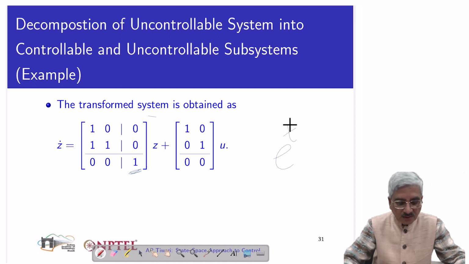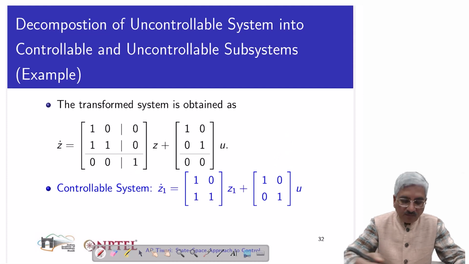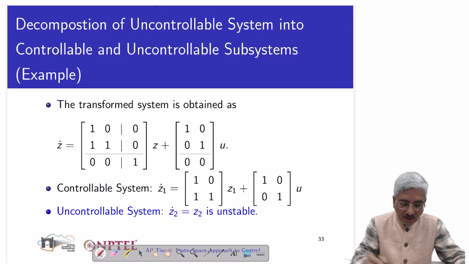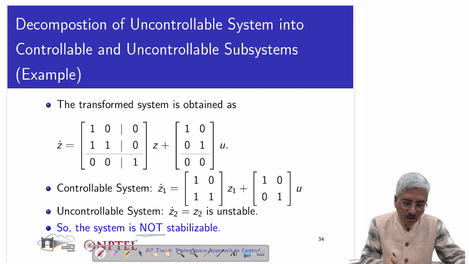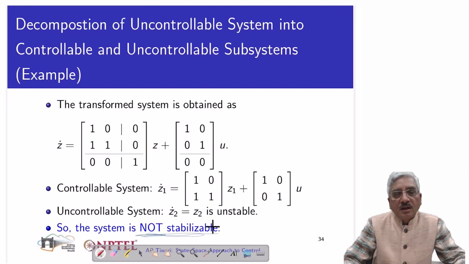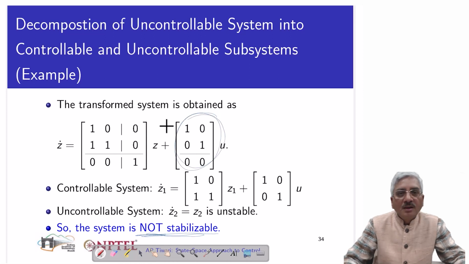As time progresses, it will grow; it is unstable. So the answer is that this system is not stabilizable. And unfortunately, in this case, this system will have to be discarded. It is not useful, or we have to make some change to this B matrix.